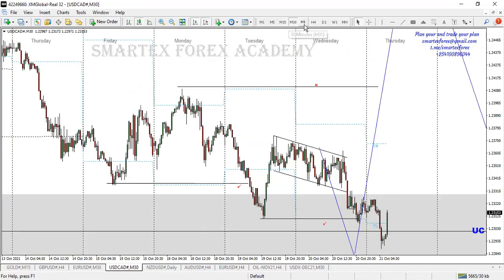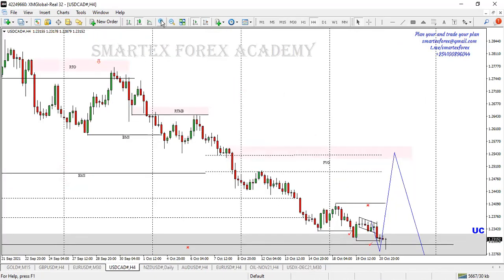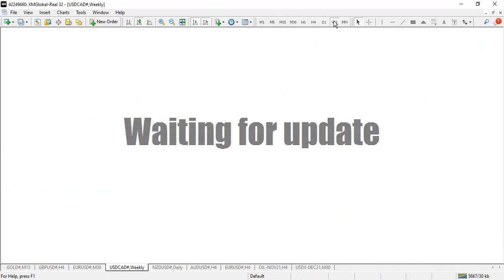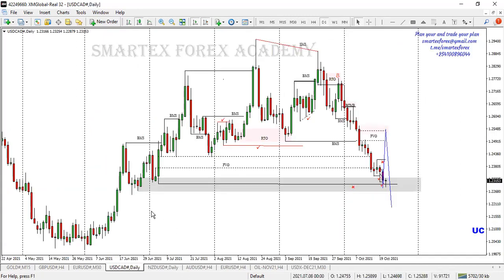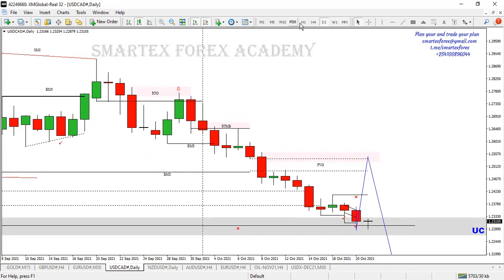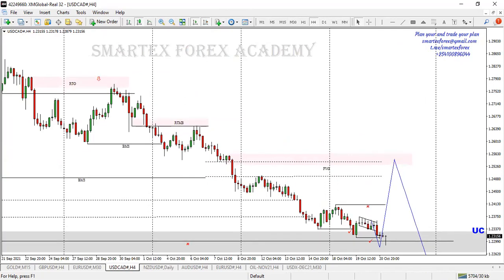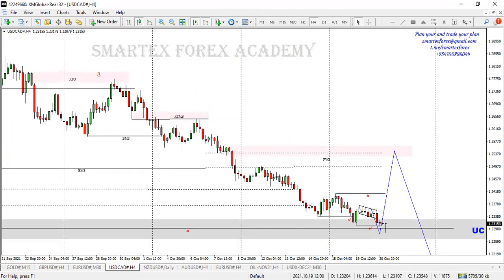Dollar CAD. So in dollar CAD, yesterday we said there is this low here, this low that we expected to be taken out right into this OB before we go long. And we said, for our time frame, this is what we expected: a drop, take out these equal lows, and again take out this old low.